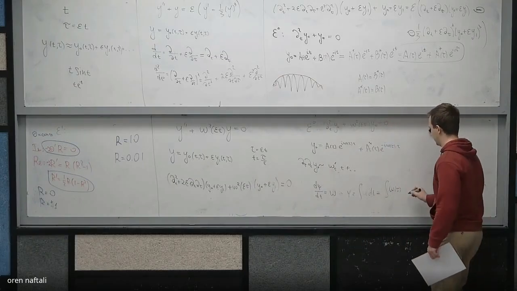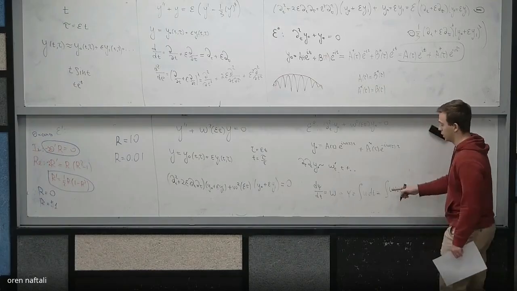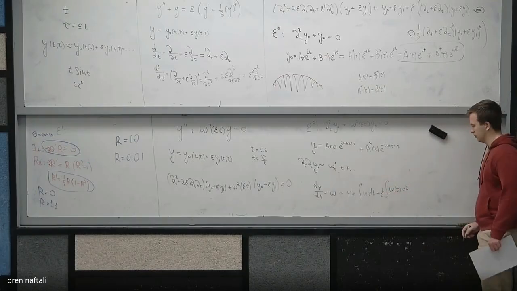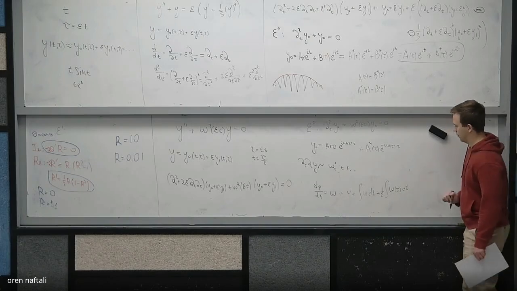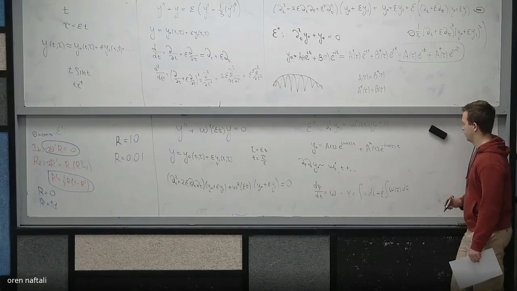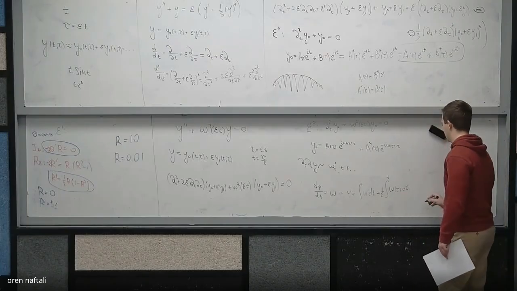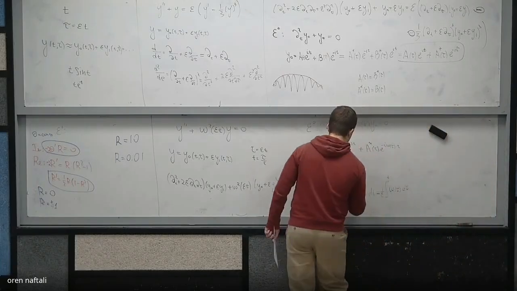So here is my tau, and 1 over epsilon I can write outside of the integral. So I integrate over tau. That's how I define psi of t.